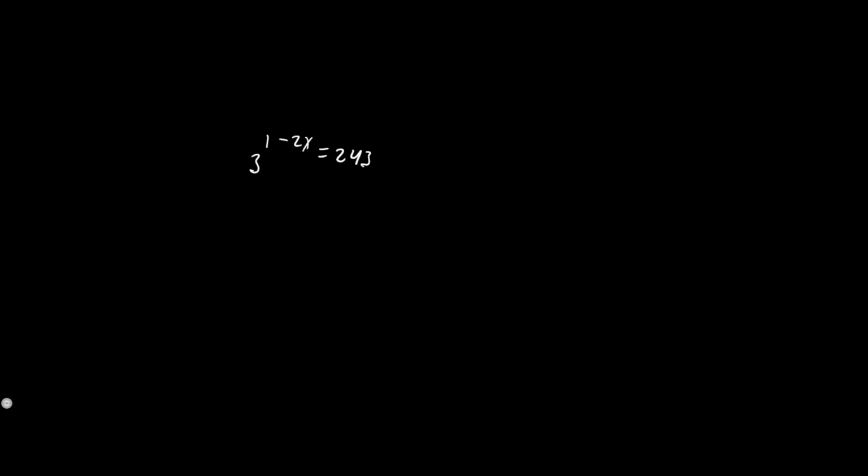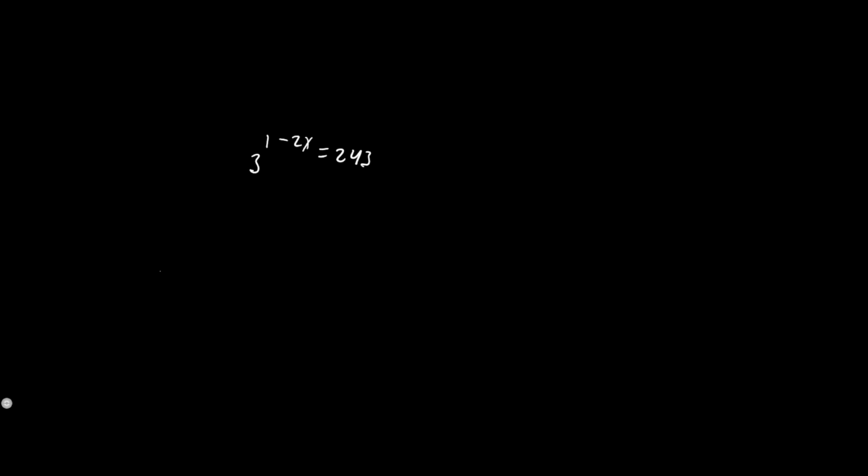If we factor out 243, we find that 3 is a factor: 3 times 81 is the same thing as 243. We can also factor 81, since 81 is 3 to the power of 4, which gives us 3 to the power of 5, since 3 times 3 to the power of 4 is 3 to the power of 4 plus 1, which is 3 to the power of 5.